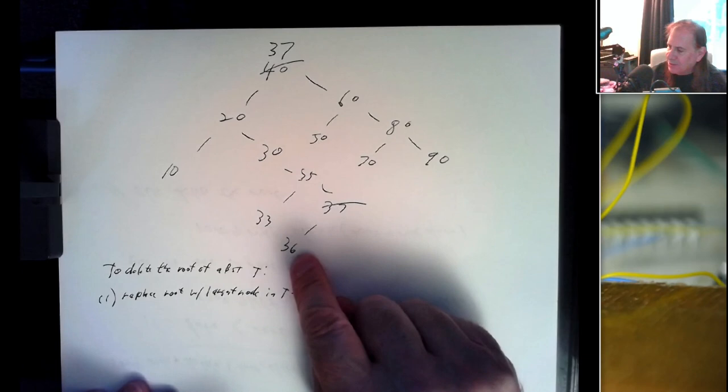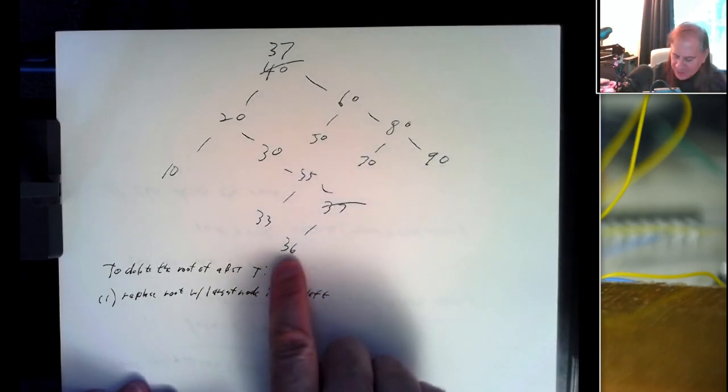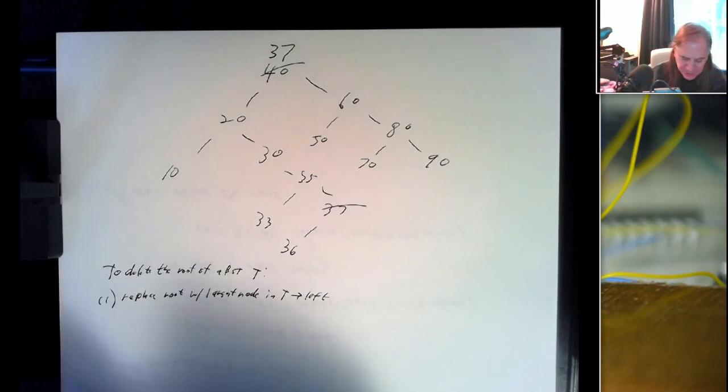37 had a child to the left. So we need to have somebody adopt this child. Well, we can have 37's parent adopt 37's child on the right.